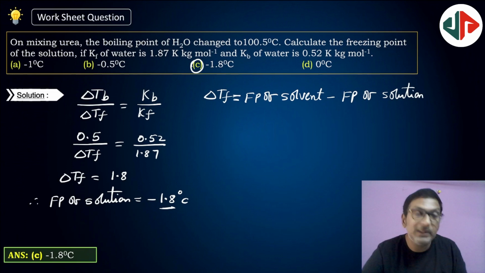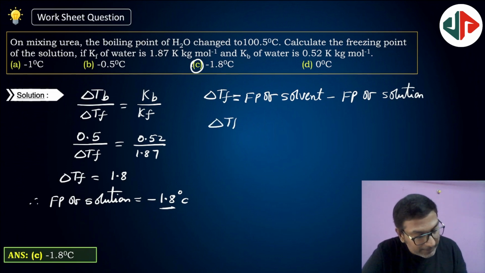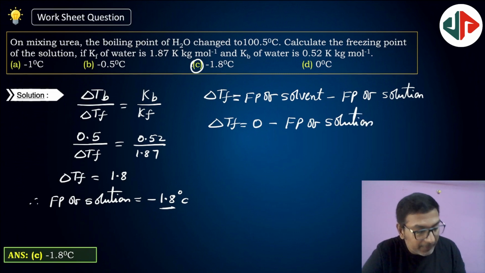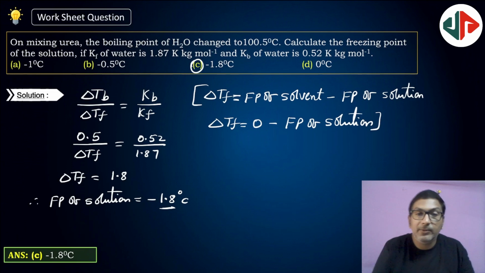So freezing point of solvent we know 0. Therefore delta Tf equal to 0 minus freezing point of solution. Remember this. Therefore freezing point of solution is minus of delta Tf value, minus 1.8 degrees.